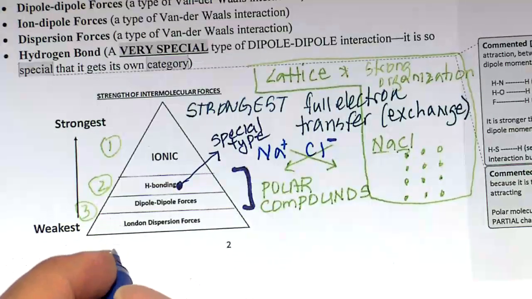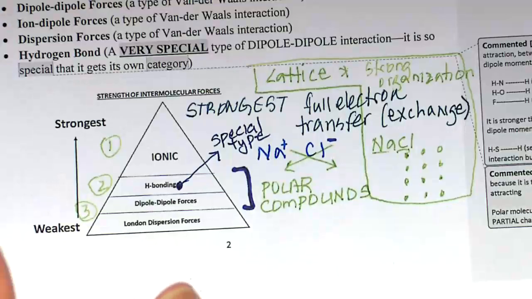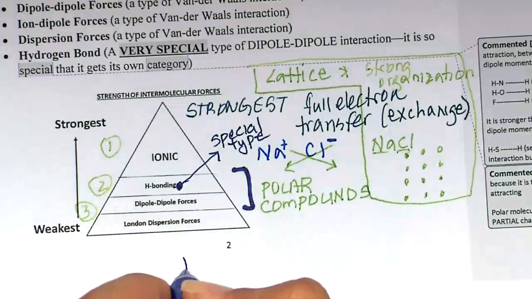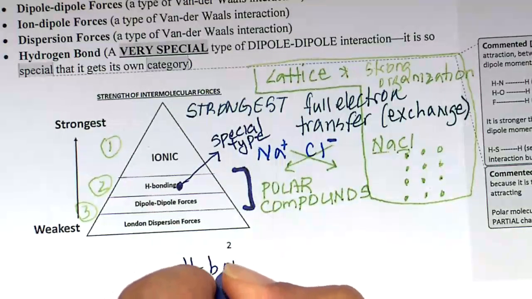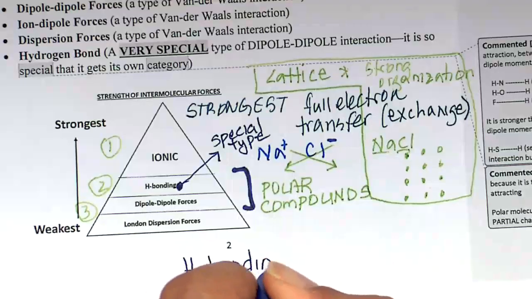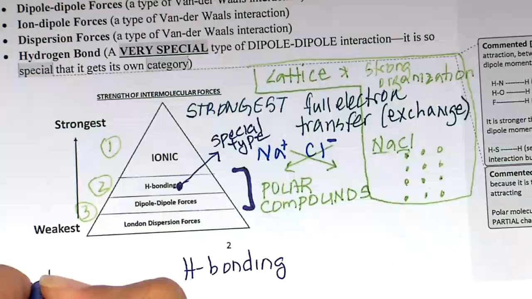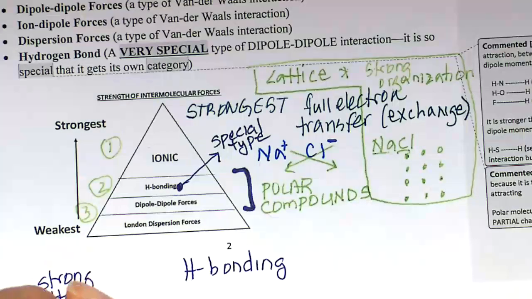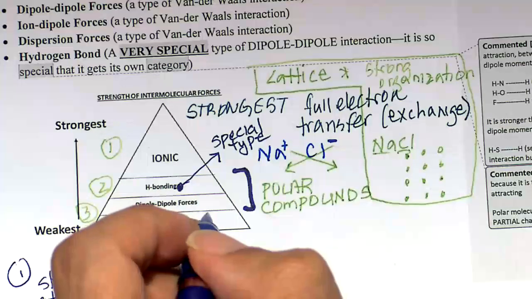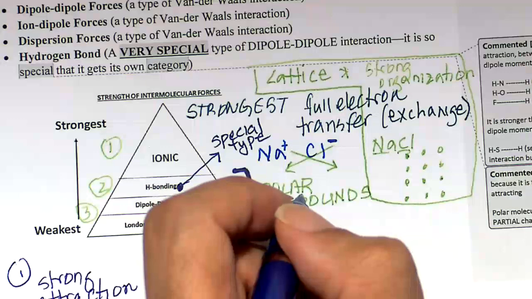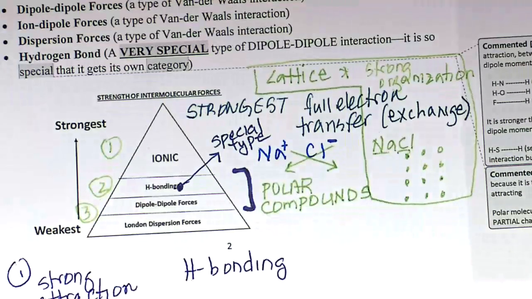So here, let me just give you the brief thing. When you have hydrogen bonding, it's a very strong attraction. That's number one. Stronger than normal dipole-dipole, even though they're both polar.